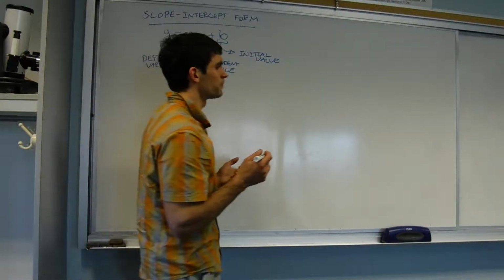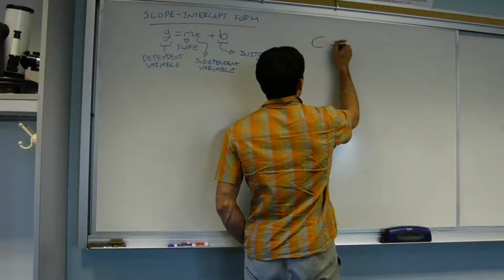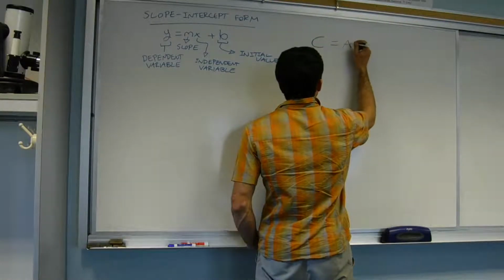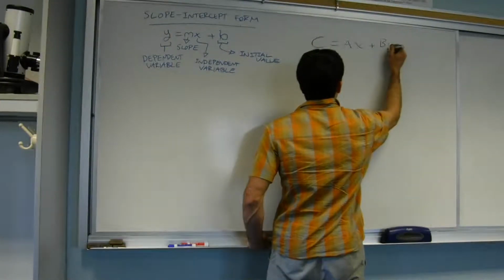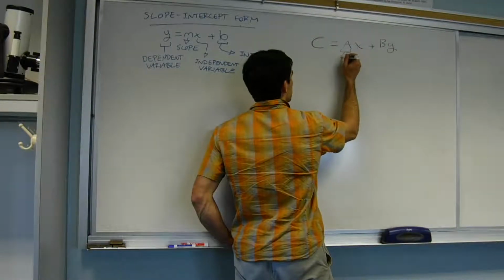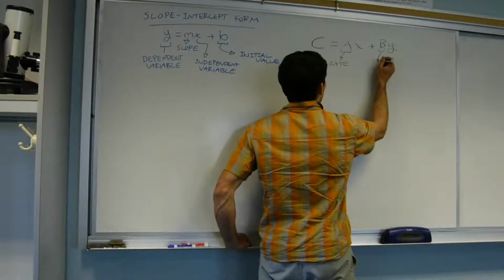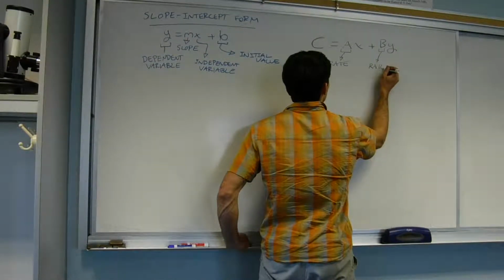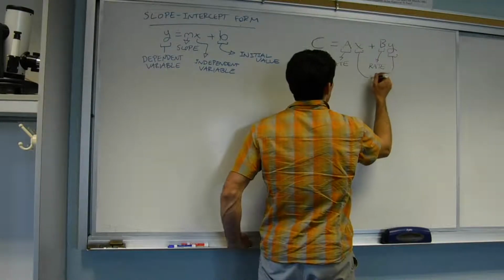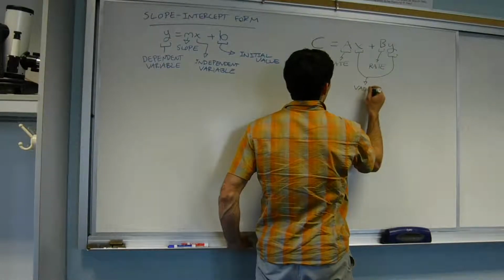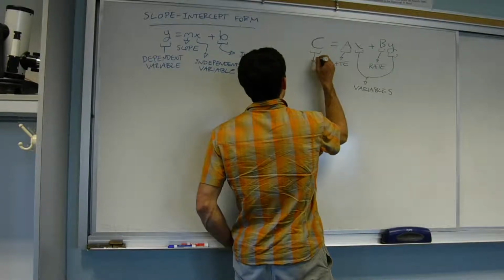In this form, we will have some number c, which is equal to some number a times x plus some number b times y, where a would be a rate, b would be another rate, x and y would each be variables, and c would be some value.